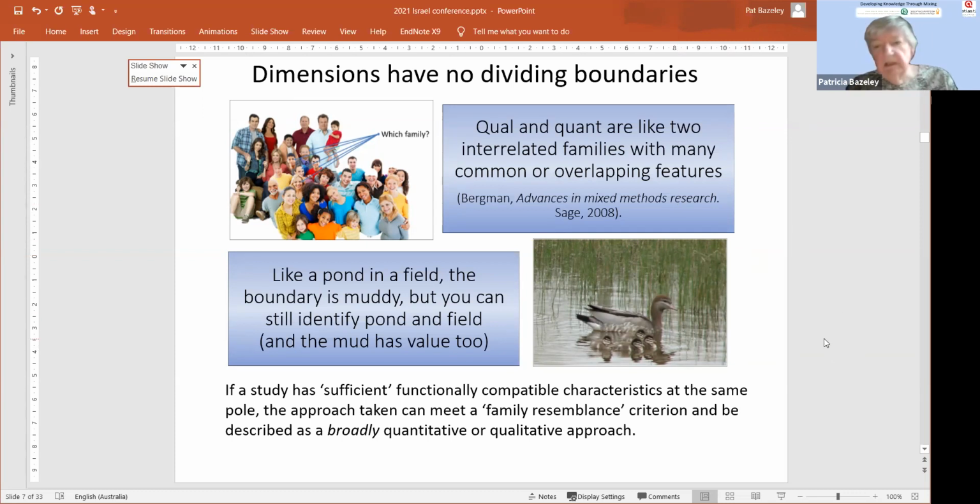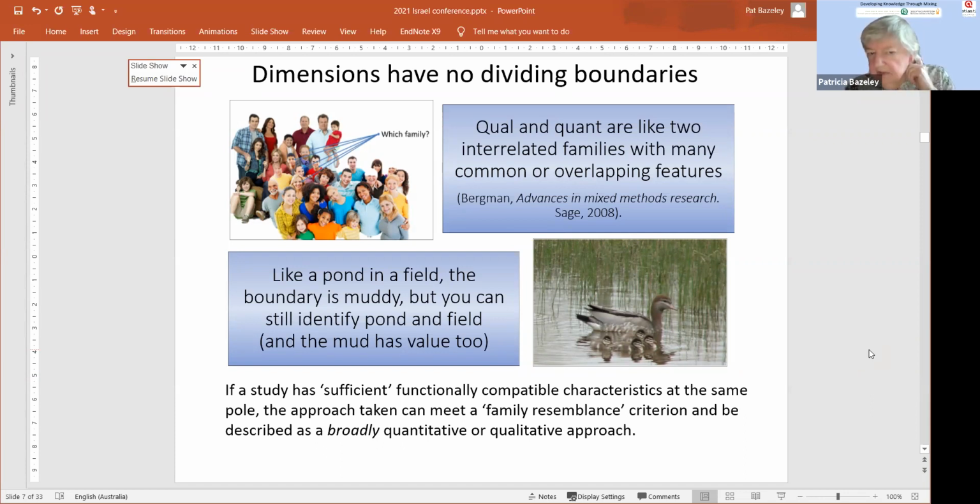Methods similarly, you can potentially identify something as being a largely quantitative approach or a largely qualitative approach, but there's a huge big area in between that, for argument's sake, we'll just call mixed or hybrid. This works on the concept of sufficiency.